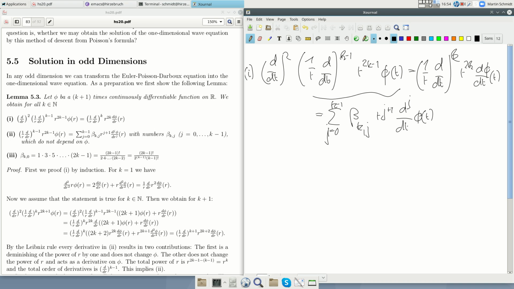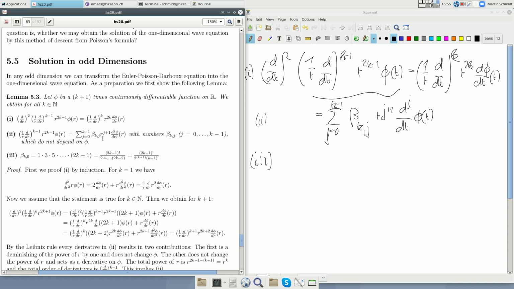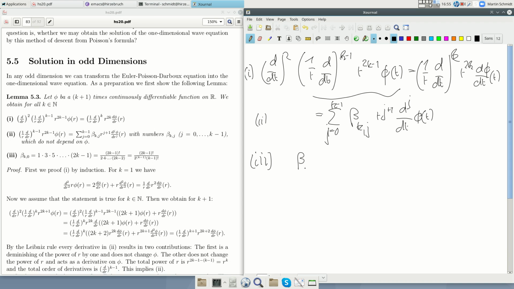And this third statement is that we only calculate one of these coefficients, namely the coefficient beta k 0. So if j is 0, the lowest term, then the claim is 2k minus 1 factorial divided by 2 to the power of k minus 1 and k minus 1 factorial.